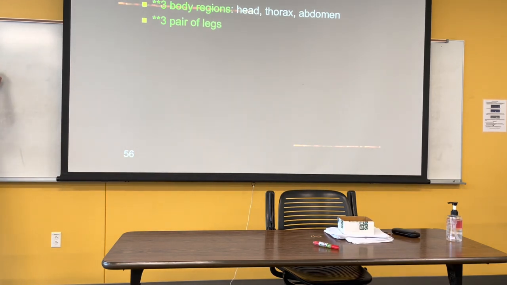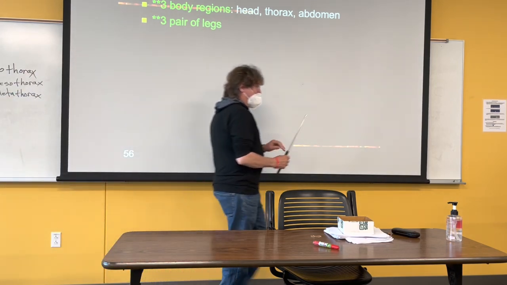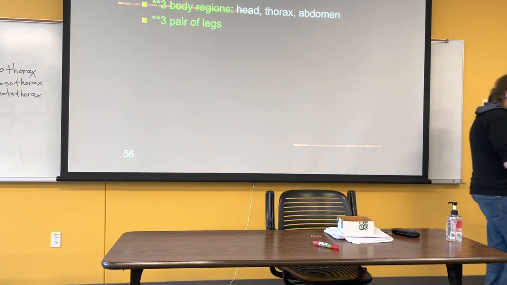Right behind the head, that segment, prothorax, has 1 pair of legs. Mesothorax, the middle segment, has a pair of legs. Metathorax is the last, and it has a pair of legs. Okay, and so 3 pairs of legs.